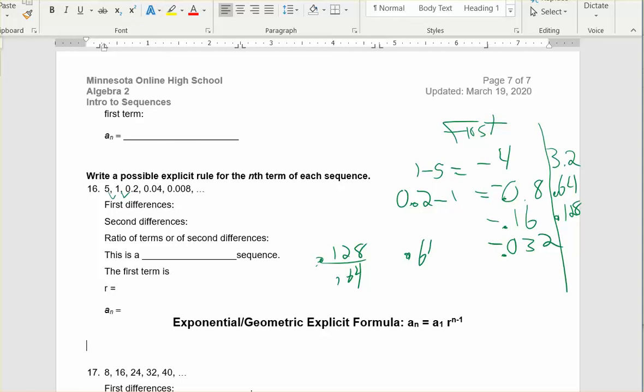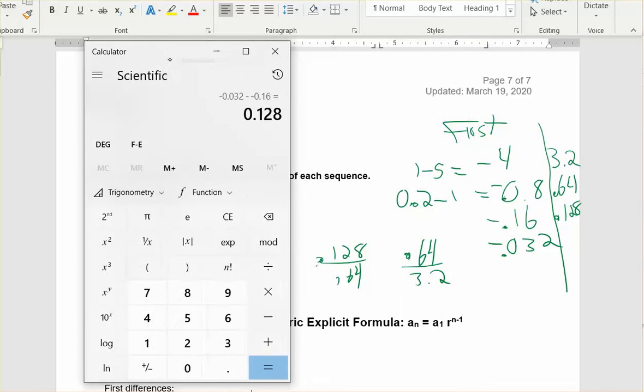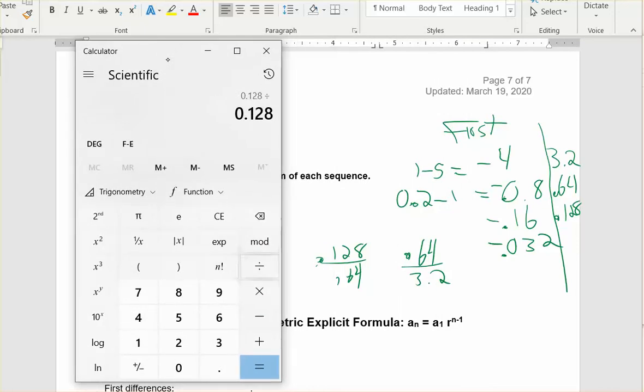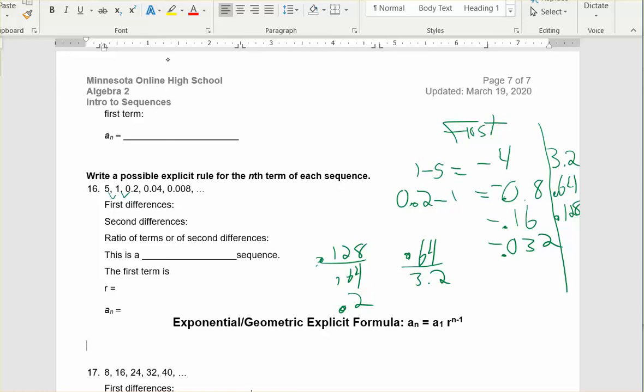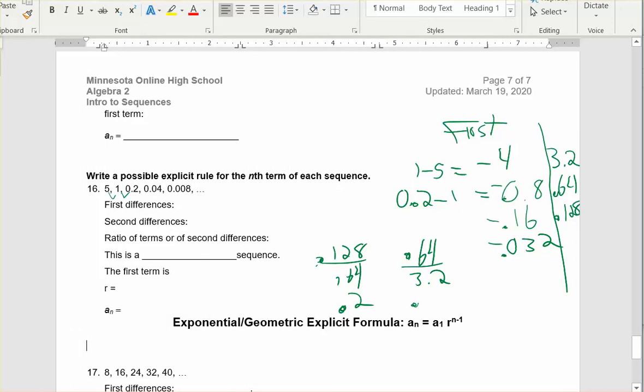And then we need to take 0.64 over 3.2, and we should get the same number for those if this is exponential. 0.128 divided by 0.64 is 0.2, and then 0.64 divided by 3.2 is also 0.2. So the ratio of the second differences is 0.2. So this indeed is an exponential function which matches up with a geometric sequence.